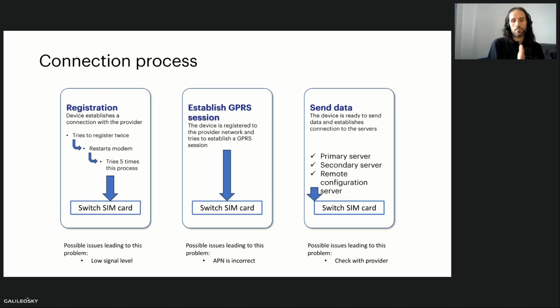When you put the card inside the terminal and the terminal starts trying to communicate with the provider, it will send the number of this card, and the provider will say, no, this card is not enabled, it's not active, so I will kick it out of the network. I will not allow this card to work on this network. So that's the first step.